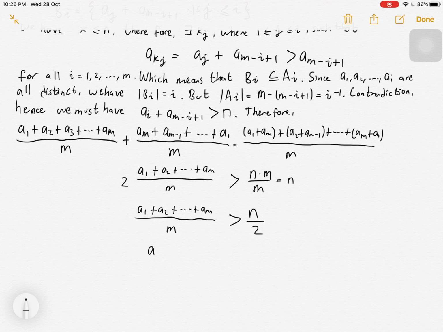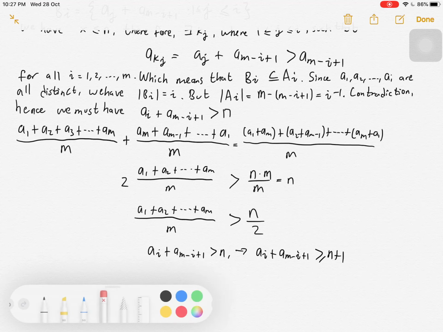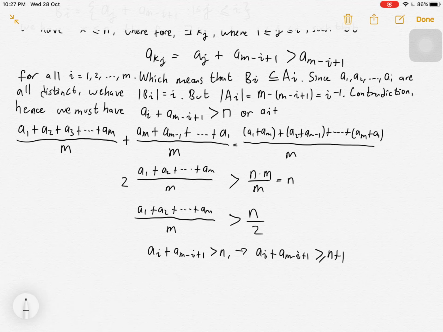So if I have a_i plus a_{m-i+1} is greater than n, it also means that a_i plus a_{m-i+1} is greater than or equal to n plus 1.